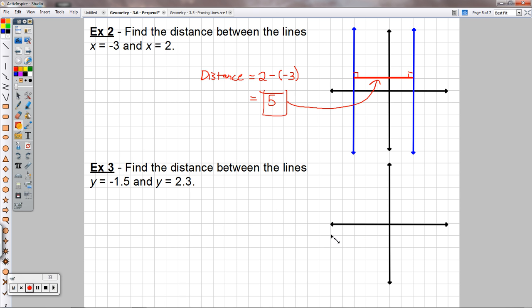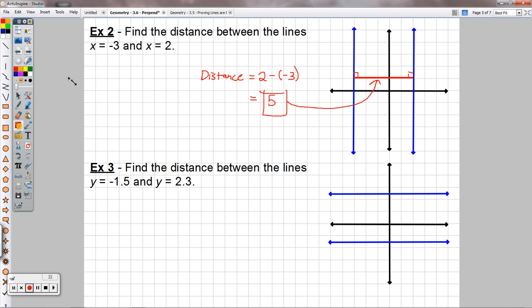So this is -1, -2, so halfway in between there, looking something like that. That's y equals -1.5. And y equals 2.3, doesn't matter what x is, y is always 2.3. So here's y is 2, here's y is 3, going a little less than halfway up there. So that's pretty close right there.